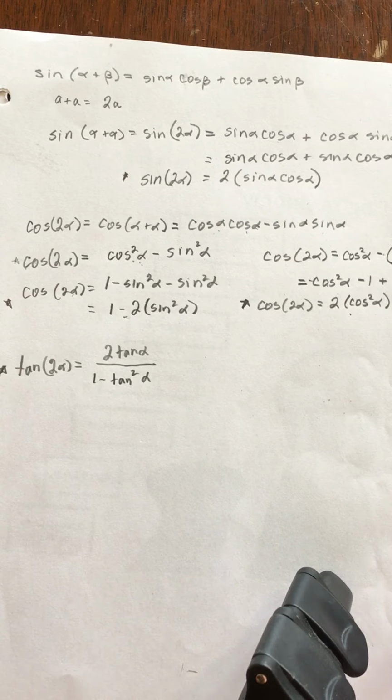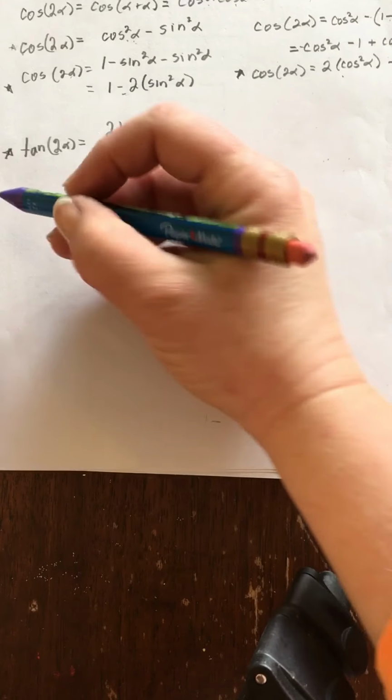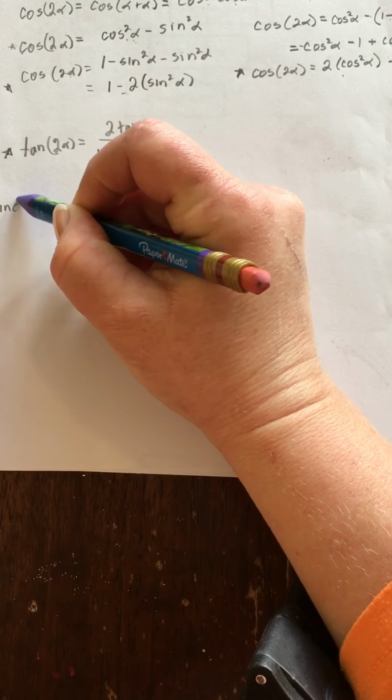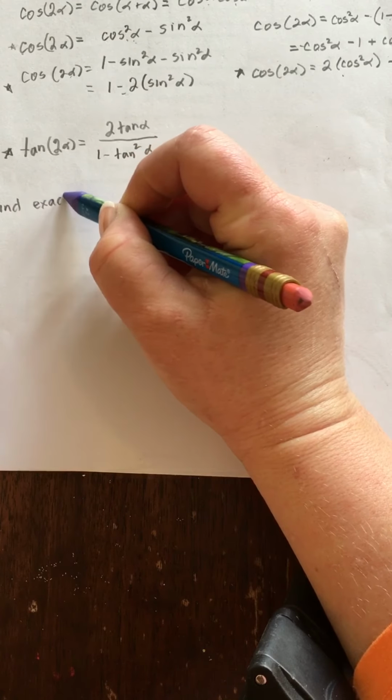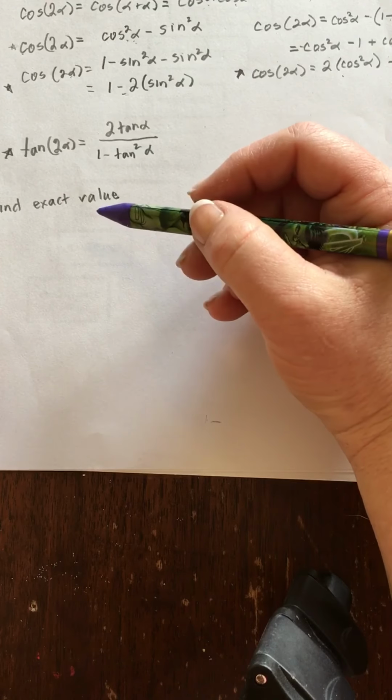Okay, so for example, if we wanted to find an exact value using these identities, I'm going to find the exact value.